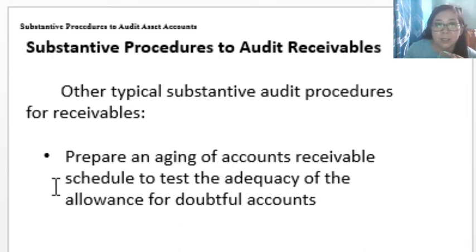Okay, the first is the auditor will prepare an aging of accounts receivable schedule. So this is to test the adequacy of the allowance for doubtful accounts.